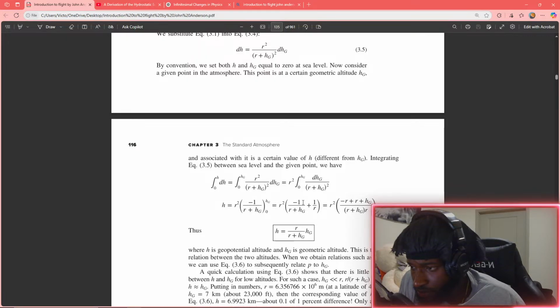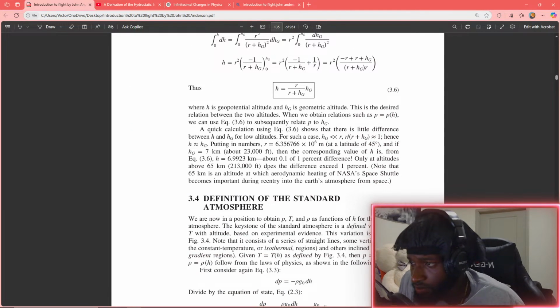R squared is equal to 1. Thus h is just geopotential altitude, and hg is geometric altitude. This is our relation between the two altitudes. When we obtain relations such as p equals p of h, we can use equation 3.6 to subsequently relate p and rho to hg.